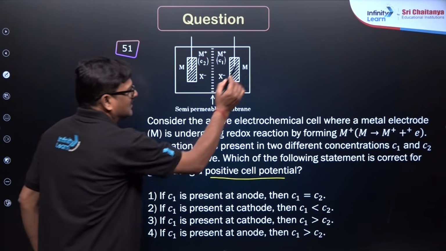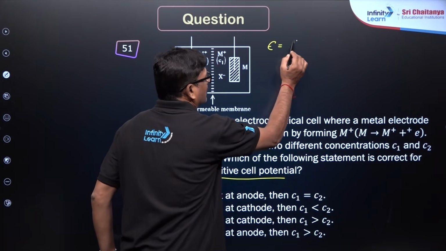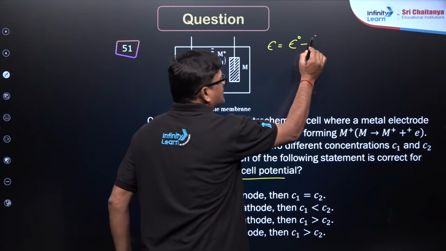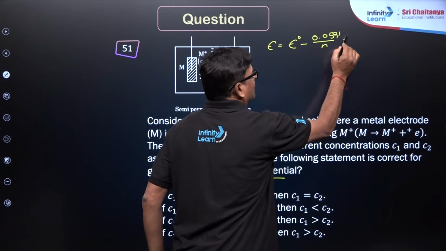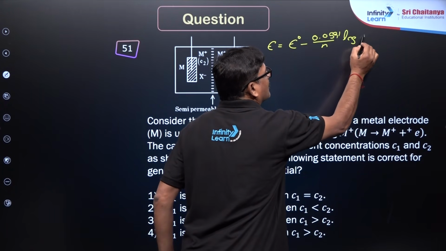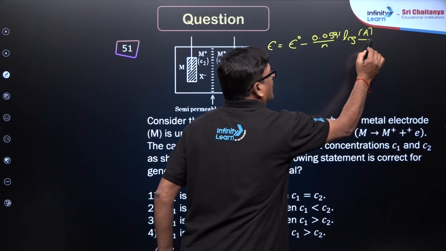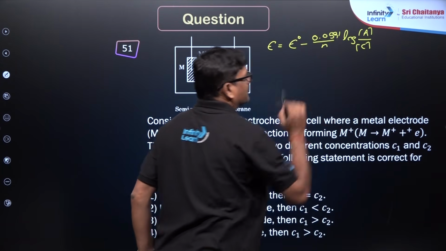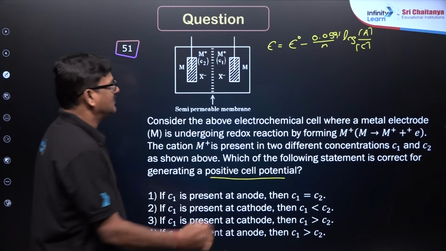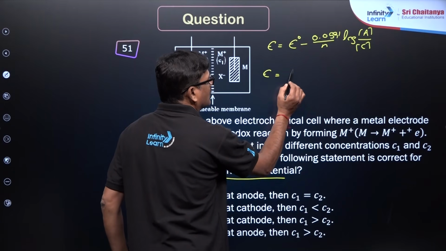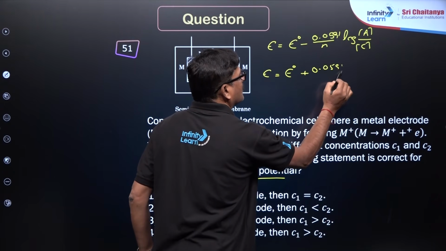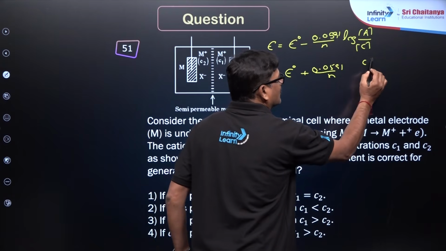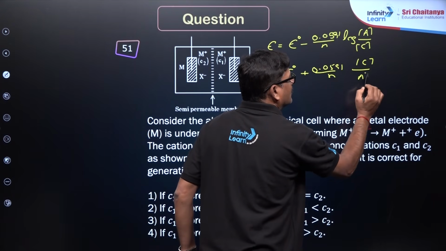We know that EMF of the cell is equal to E naught minus 0.0591 by n, log of anodic concentration over cathodic concentration. Now, if we take this, EMF is equal to E naught plus 0.0591 by n, log of cathodic concentration upon anodic concentration.